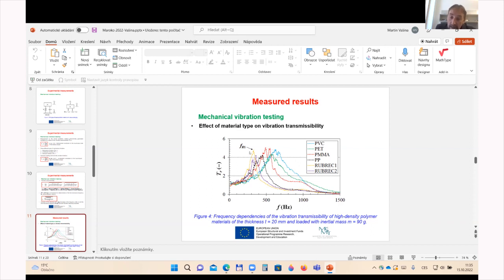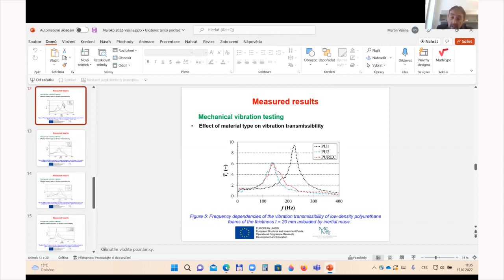Better is if the first resonant frequency is smaller. For this reason, the recycled rubbers have better vibration damping properties compared to, for example, polyethylene.